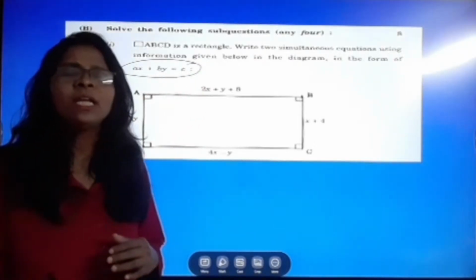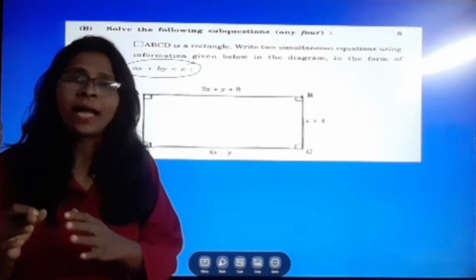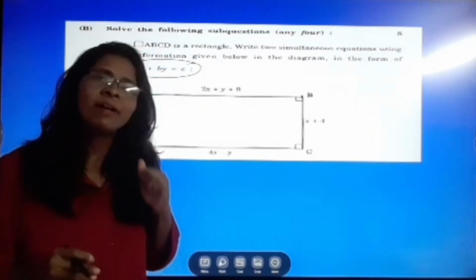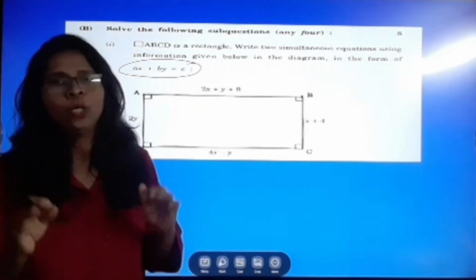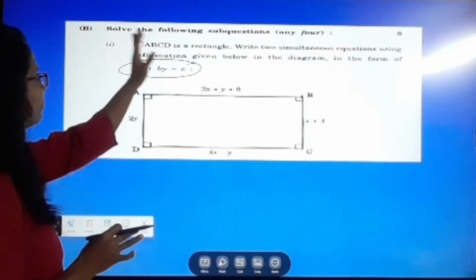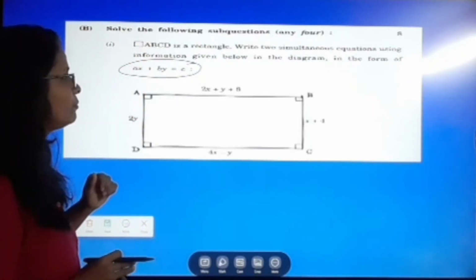You write down the equation in such a way that it should be ax plus by plus c is equal to 0. Okay students, चल आता आपण बघूया इथे इक्वेशन कसं फॉर्म करायचं.